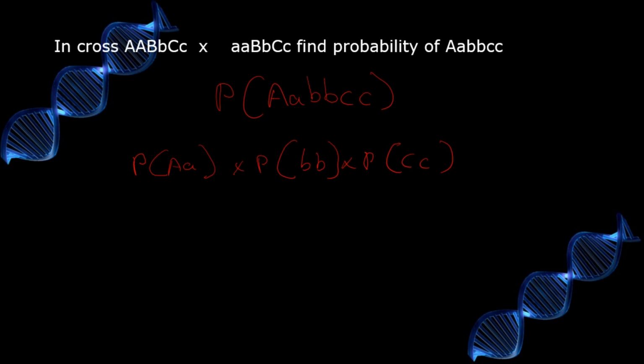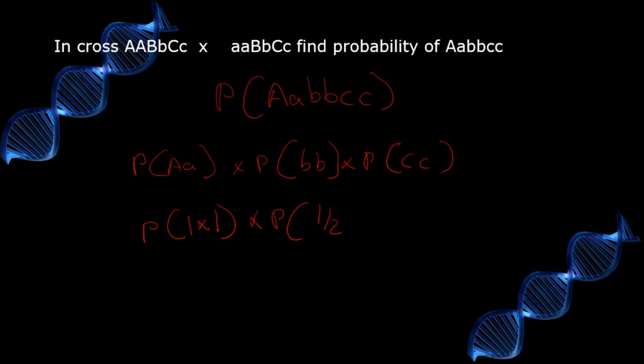So the probability will be 1, because only one individual has that trait. Multiplied by what is the probability of getting small a? Here only this individual has that trait, so here also we will write 1, and multiplied by the probability of getting small b, we will get from both, so the condition is 1 by 2.